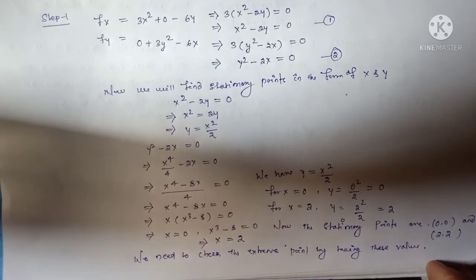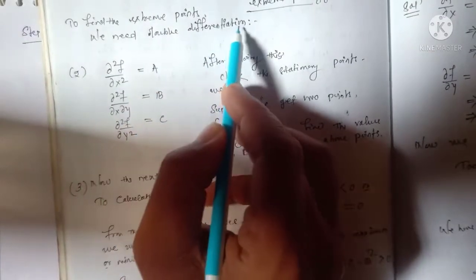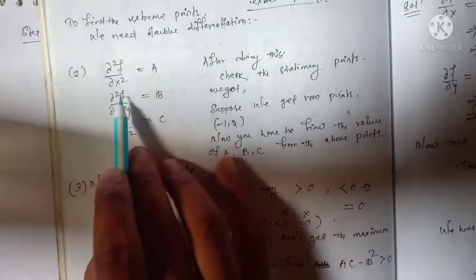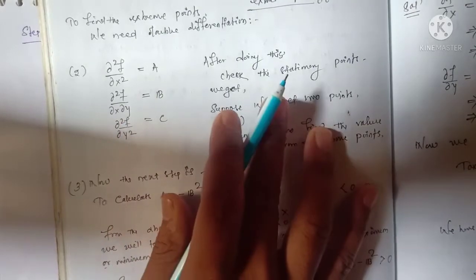So now move to step number 2. So here I will write step number 2. In step number 2 it is saying that to find the extreme points we need the double differentiation. That means we need to find f(xx), f(xy) and f(yy), right?